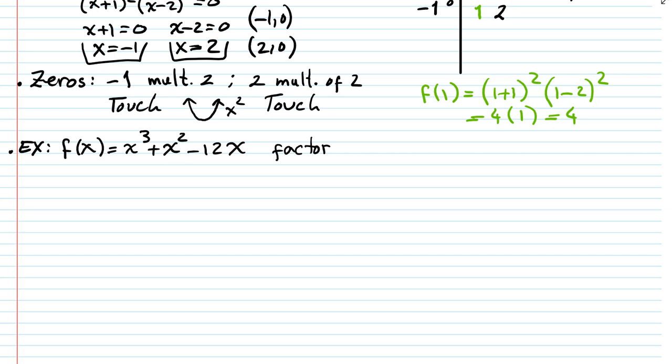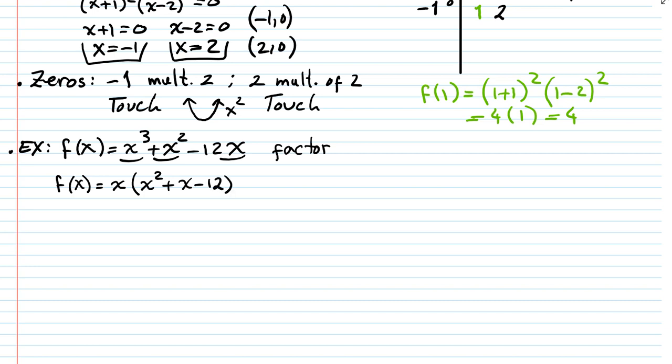We need to factor. With our factoring skills, we always look for a single common GCF. The greatest common factor here is x, so we're going to remove x. That gives me x squared plus x minus 12.